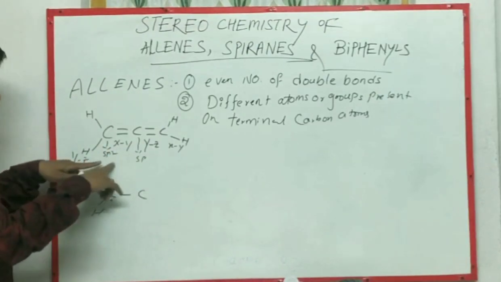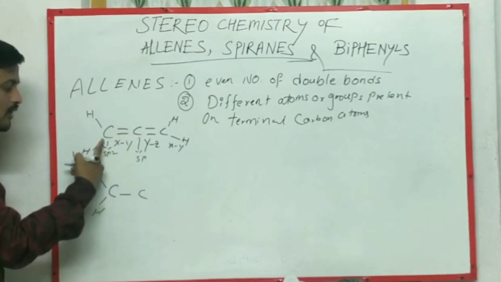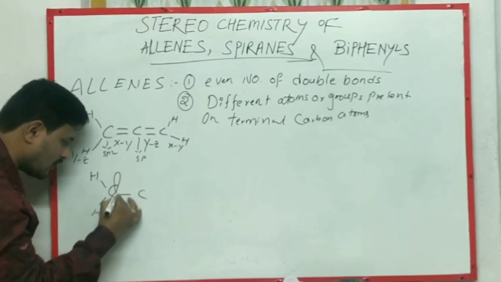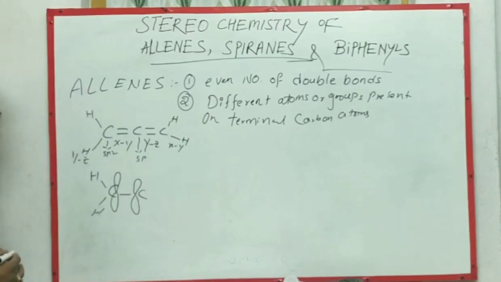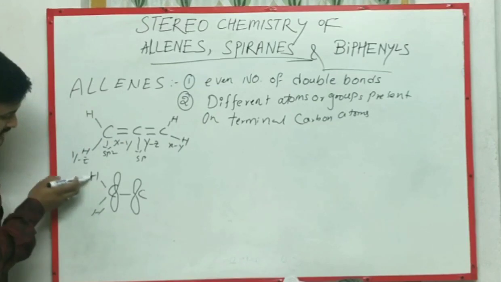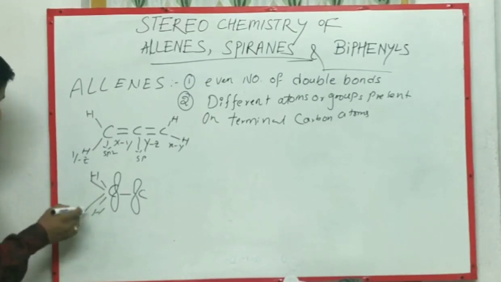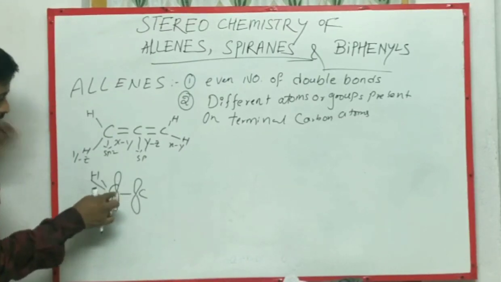Here sp2 has one unhybridized orbital, and here sp has two unhybridized orbitals, one like this and one like this. This carbon atom has bonds to hydrogens within the plane, and this hydrogen atom within the plane along with the carbon. But this pi bond forms above the plane.